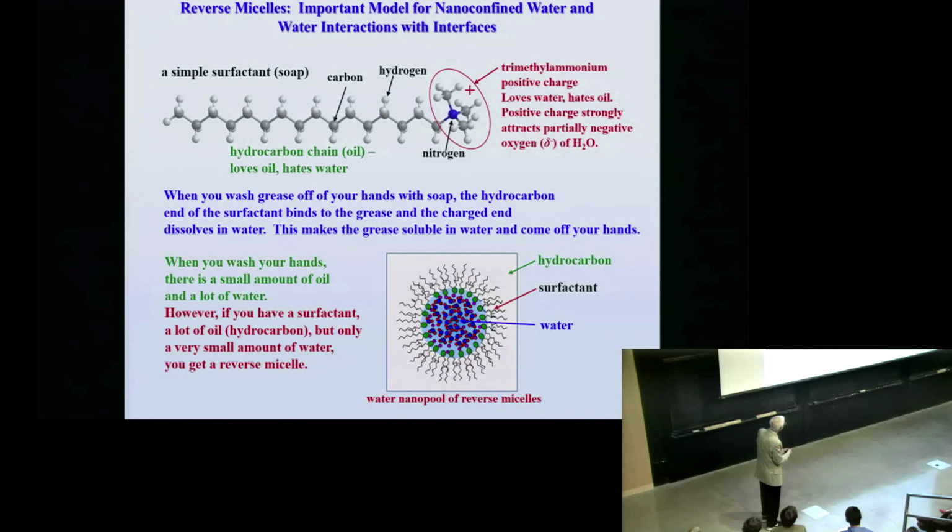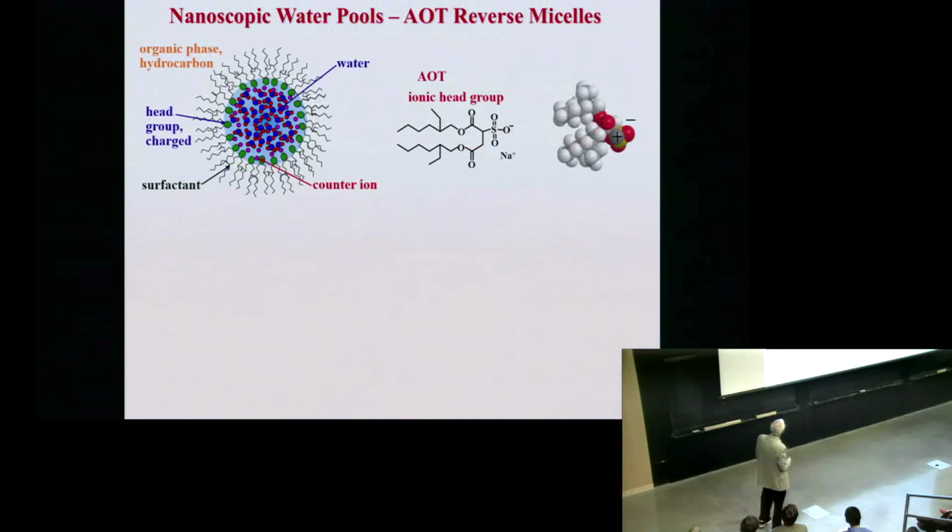The head group, which is charged, wants to be in the water, and the net result is this structure called a reverse micelle. A micelle has the charged part sticking out, and you can make these little balls of water. This gives us the opportunity to study a small number of water molecules, as well as water interacting with interfaces, in a controlled manner.